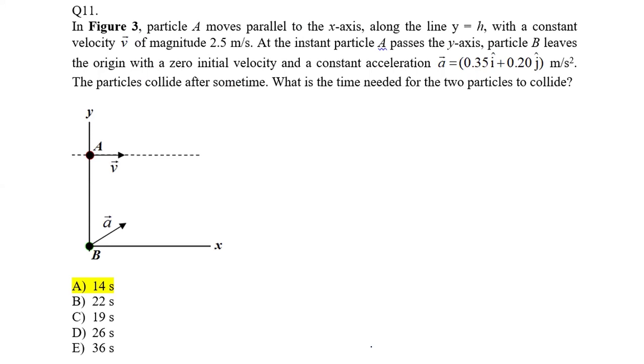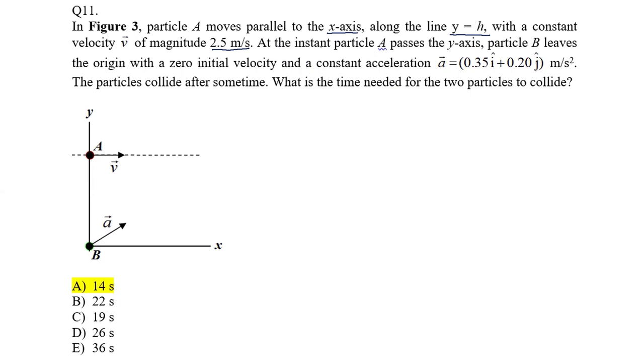So read the problem carefully and then we solve it quickly together. So here, as you see in figure 3, the particle A moves parallel to the x-axis along the line y is equal to h with a constant velocity of magnitude 2.5 meters per second.